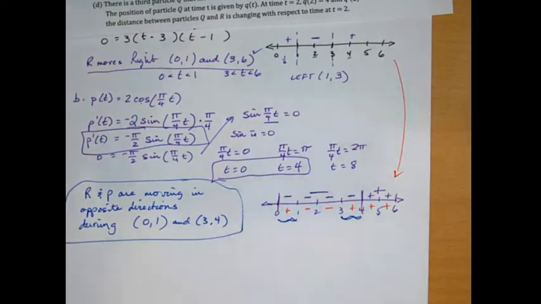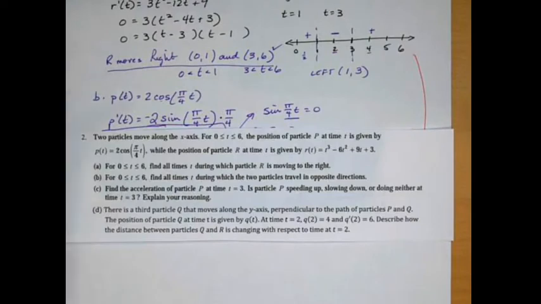Restate the question. If you look at the question, what is it really asking for? This is the good calculus that they're looking for. Part C is asking, find the acceleration of particle P at time t equals 3. Is the particle speeding up, slowing down, or doing neither at time equals 3?